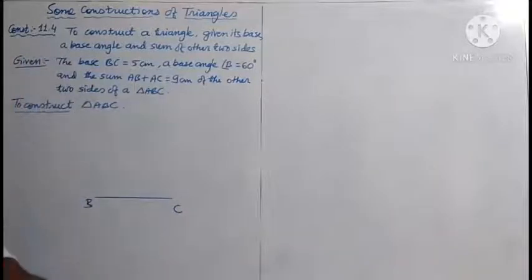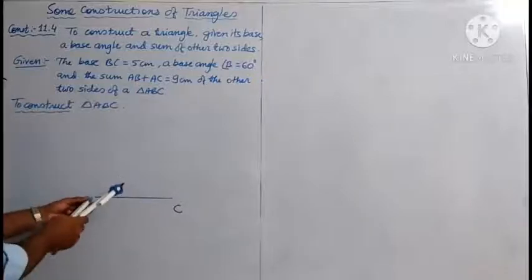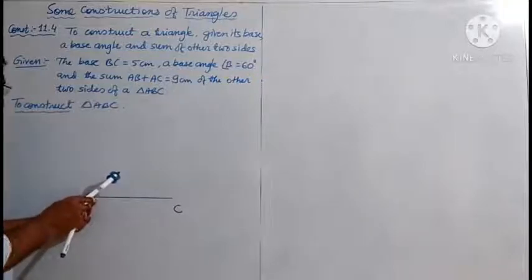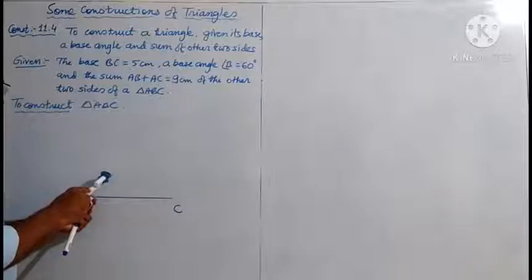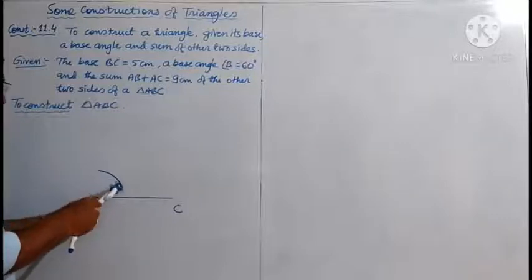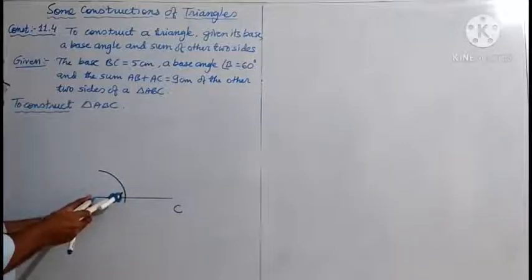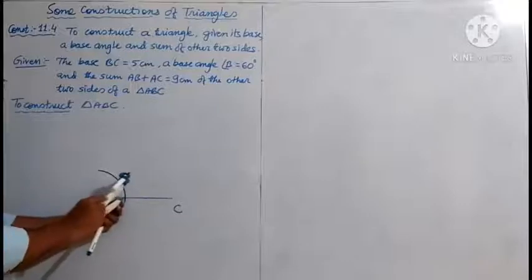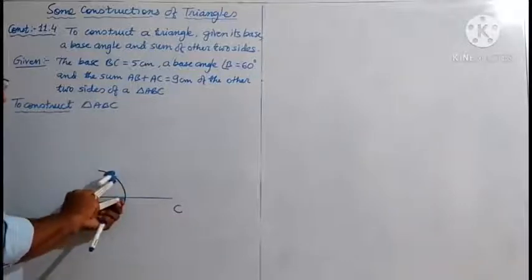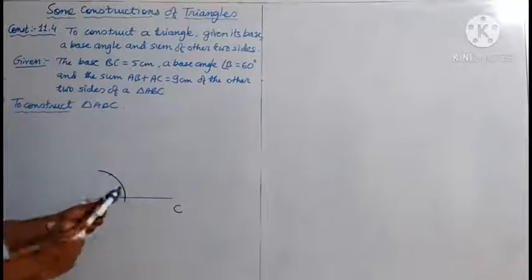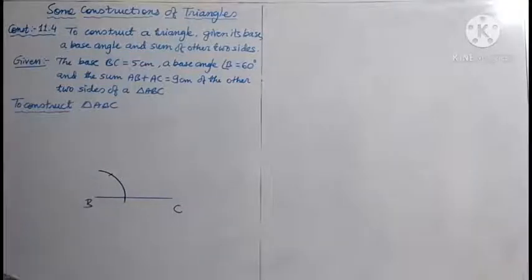Now taking B as a center, we have to draw the angle 60 degrees. You know how to construct an angle of 60 degrees. Taking B as a center, we draw an arc, and then taking this point as a center, draw the arc. So here we get a ray BX.